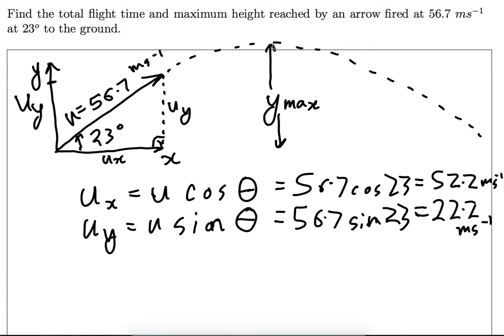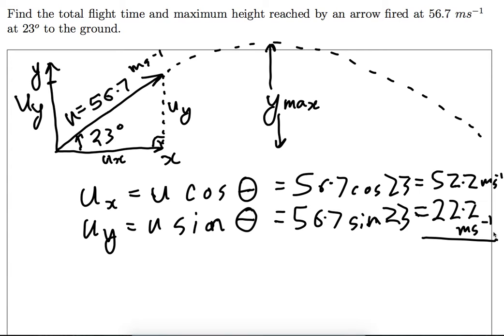So at that point, there's an instantaneous moment when the velocity is 0. Incidentally, I have started off considering upward to be positive. You'll see uy there is positive 22.2. So we've kind of implicitly defined upward as positive and downward as negative without actually saying that we did.